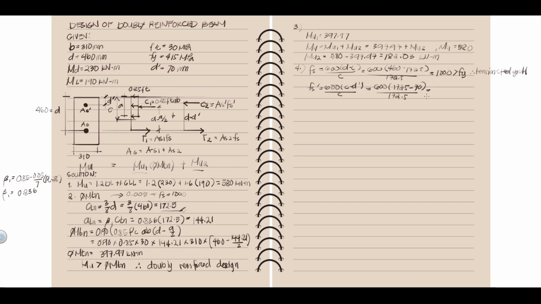So we will have an Fs prime of 356.52, which is less than our Fy. Therefore, the compression bar will not yield. Hindi po mag-yield yung ating compression bar. Alright.